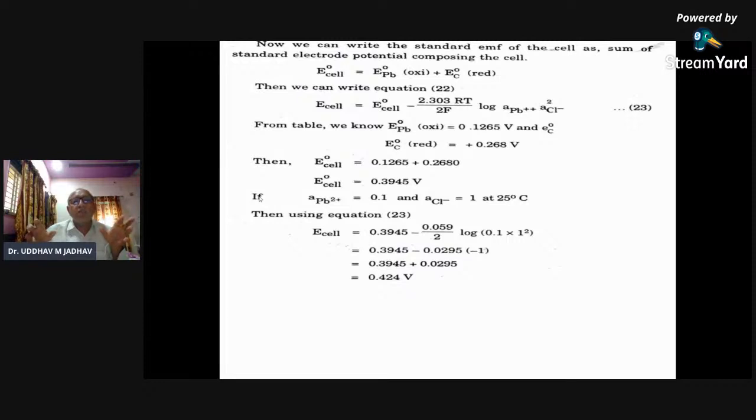If a potentiometer is not available, and the electrode and the concentrations of electrolytes are given, then by the Nernst equation it is possible to calculate the single electrode potential. If a cell is given, the cell EMF can also be calculated without connecting to the potentiometer. Therefore, by calculation, it is possible to find the single electrode potential as well as cell EMF.